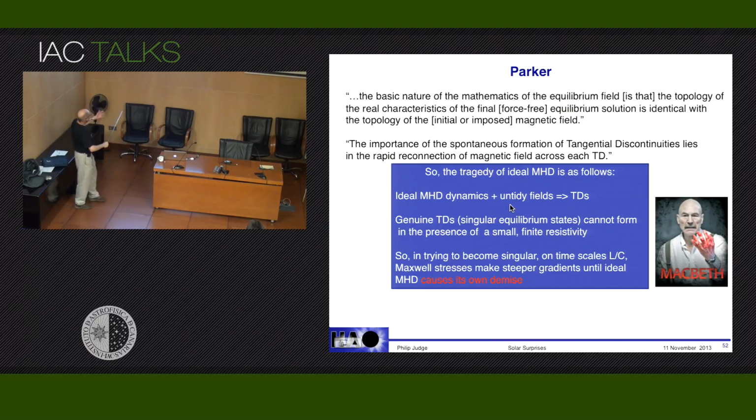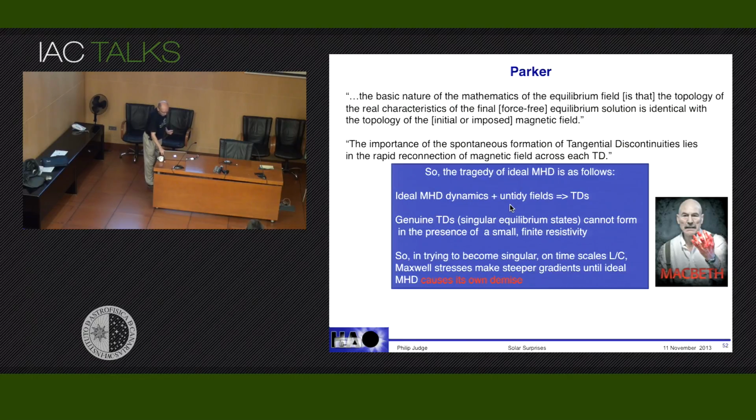So in trying to become singular on time scales comparable to the Alfvén crossing time, the Maxwell stresses make steeper gradients until the MHD actually causes its own demise, the idealness. So it's going back to what Fausto said about, in a way, that the turbulence leads to these diffusivities of a certain magnitude, irrespective of the actual real diffusivity measured by collisional processes in the internal plasma.